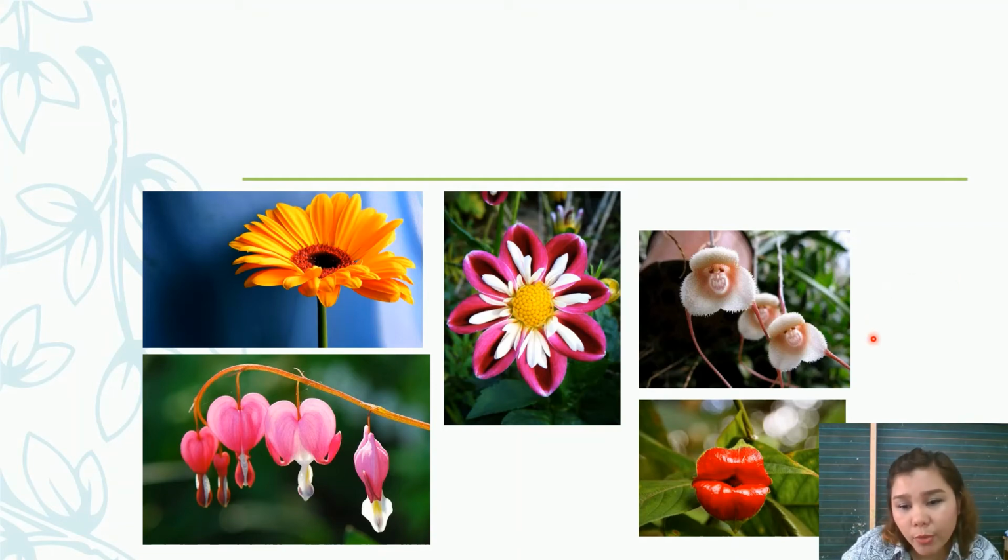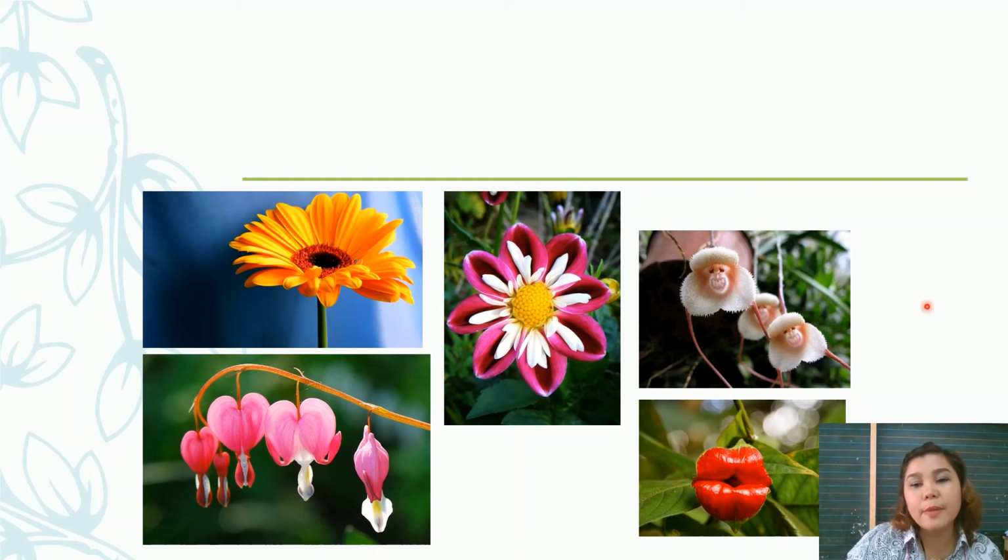So, I posted here, I chose which are distinct, kakaiba. This one looks like lips, pero hindi siya lips. Ito naman, it looks like monkey, pero hindi siya monkey. Ito naman, parang paper na folded, but it's not. It's real. Ito naman, parang mga dancing ladies in gown na medyo upside down.